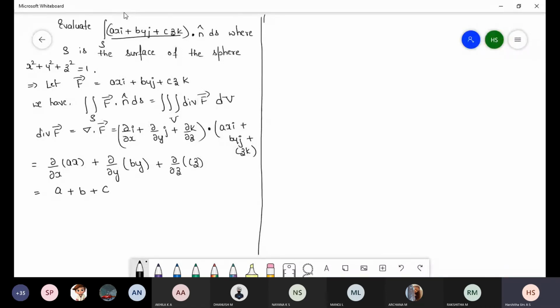Integral over the surface S vector f dot n cap into ds is equal to triple integral over the volume V. In the place of divergence of the vector f, we have to write a plus b plus c into dv.